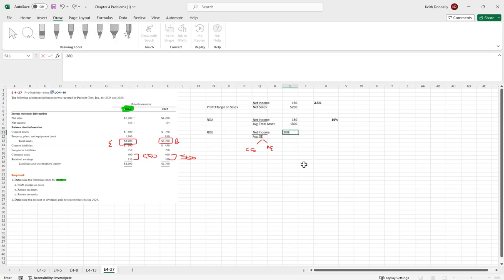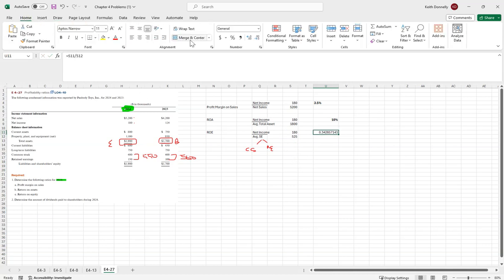So net income is a given. Here, a little bit of math: it's going to be equal to 500 plus 550 divided by 2. Take the 180 divided by the 525 and convert that to a percent.